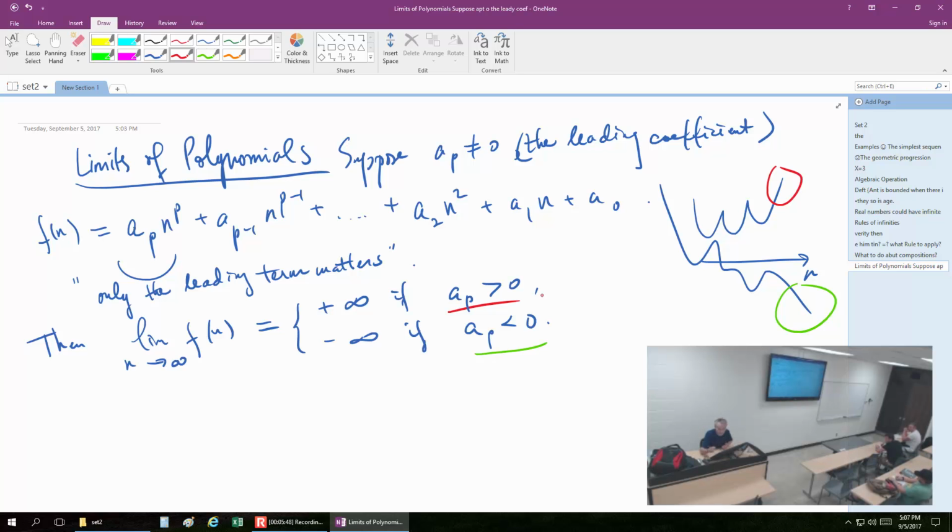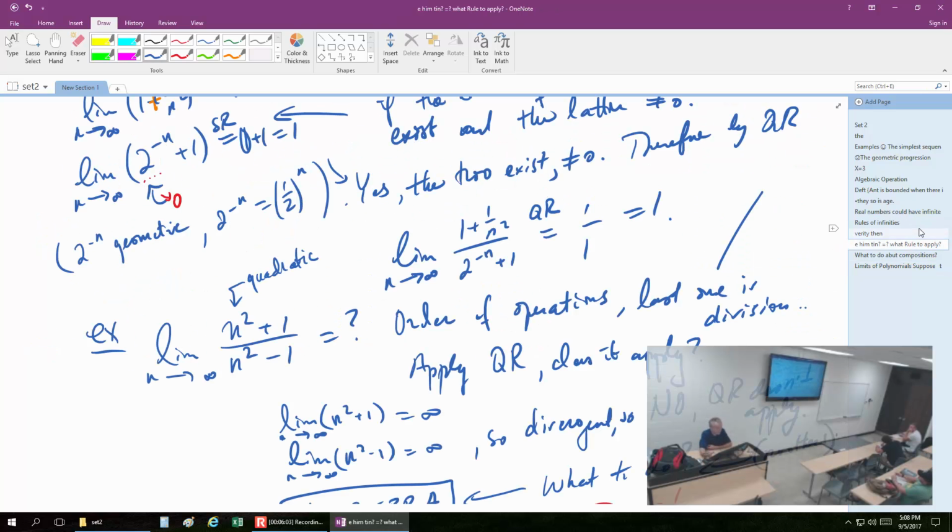But then the next theorem is about rational functions, which are fractions of polynomials, and those have much more in store for us to worry about, which is that example once again, n squared plus 1 over n squared minus 1.